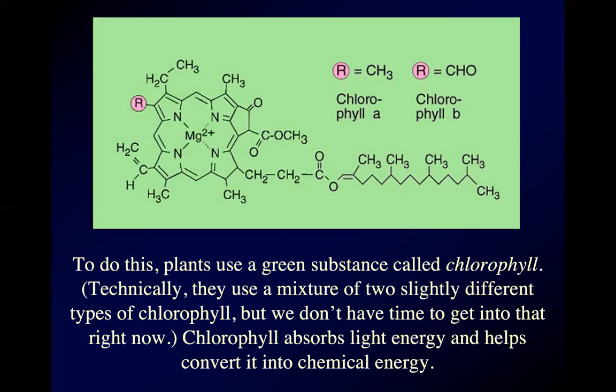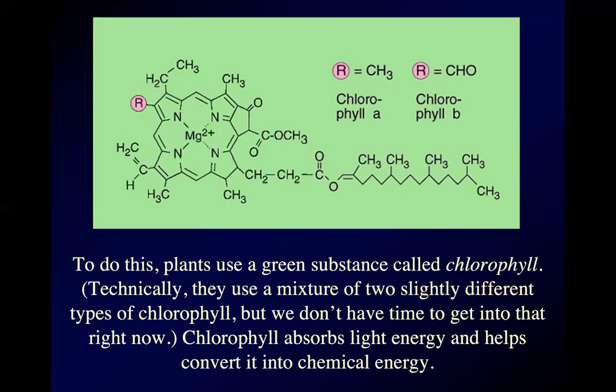That's a diagram of the chlorophyll molecule. You certainly don't have to memorize that. I certainly would never ask you to write it down or anything. Let's just say that it absorbs light energy. It absorbs red and blue light and reflects green, which is why plants look green. The green is what bounces back, and the other wavelengths are absorbed.